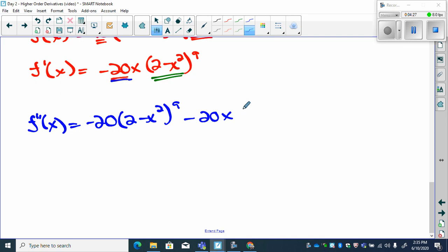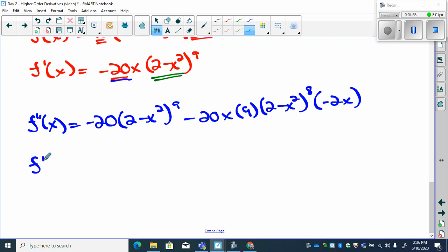Well, the derivative of this would be 9 times 2 minus x squared to the 8th times negative 2x. So from there to there, from the 9 to the negative 2x, that is the derivative of 2 minus x squared to the 9th. I used the chain rule. The 9 came down in front, rewrote the bracket, reduced the exponent by 1 to get 8, multiplied by the derivative of what's inside the bracket.